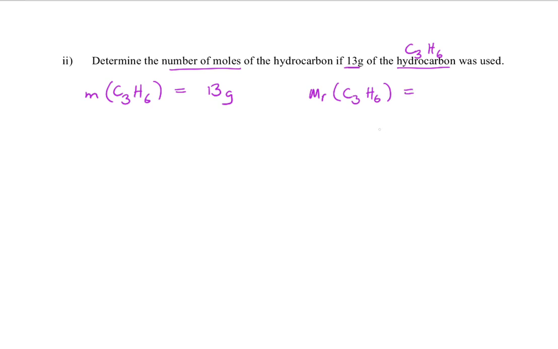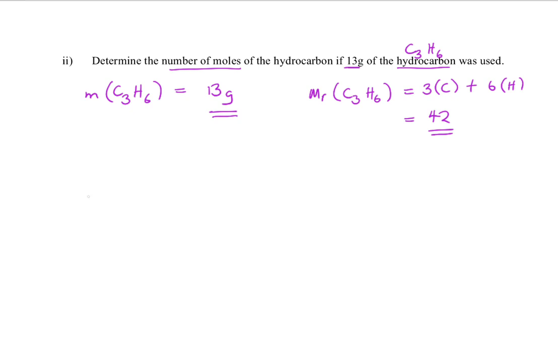is equal to what we calculated in the previous part: 3 by carbon plus 6 by H, and in the previous we got 42. So we have our mass and we also have our relative molecular mass.